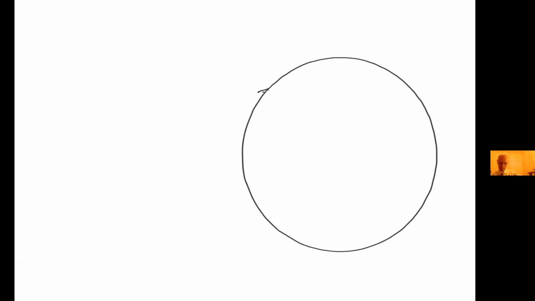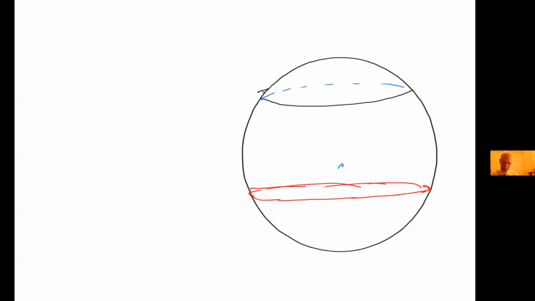And so let's say that this is looking like that. And so one slice of this is going to be looking like a very thin cylinder.